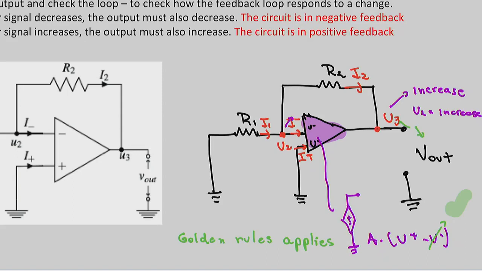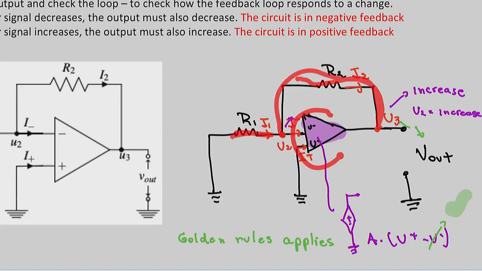First thing you have to do, try to visualize the circuit without the amplifier, because what I'm doing here is, I want to increase the voltage here at this node, U3. Now, U3 is related to U2 because I have a resistor here and I have another resistor there.